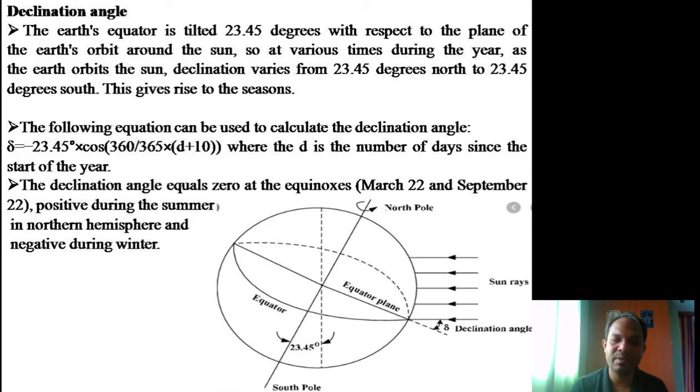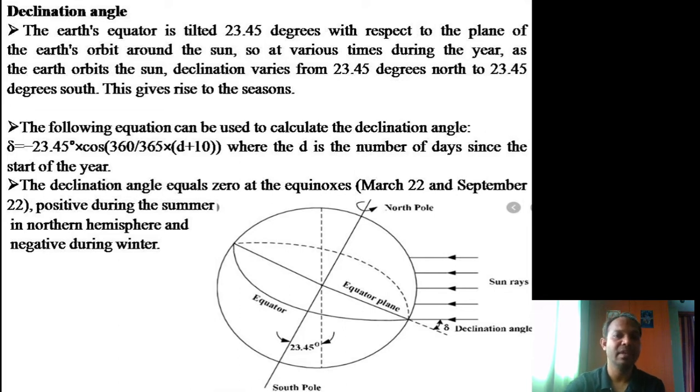Even while talking about the solar constant, we took n as a factor, where for January 1st n is 1. If you are calculating the solar constant on January 2, then n becomes 2. Similarly here, d is the number of days, not the day we are considering.